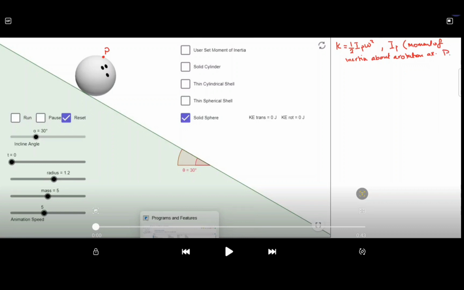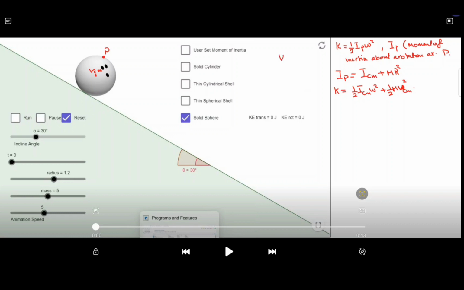Now we use parallel axis theorem. Therefore, I_P equal to I center of mass plus m r square. Now remember, this is the center of mass and this is the rotation particle on the outer surface of the sphere. So, therefore, the kinetic energy is equal to half I center of mass omega square plus half m V center of mass square.